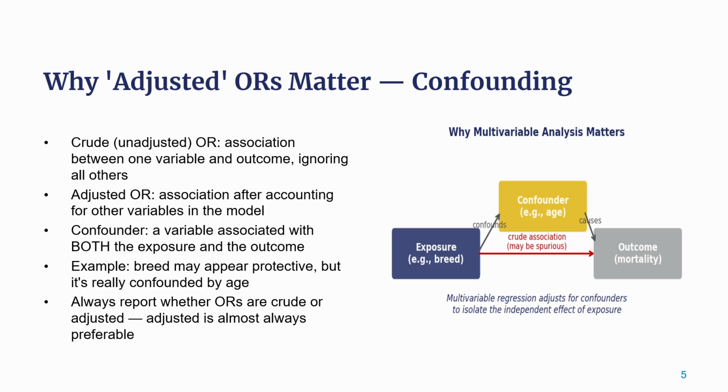Multivariable logistic regression adjusts for all of those factors simultaneously, giving you an adjusted odds ratio that tells you, after accounting for age, shock, and time to surgery, what is the independent effect of breed. Always check. Are the odds ratios in the paper adjusted or unadjusted? Unadjusted odds ratios in an observational study should raise a flag.